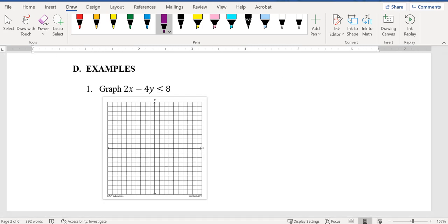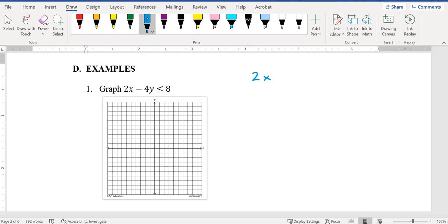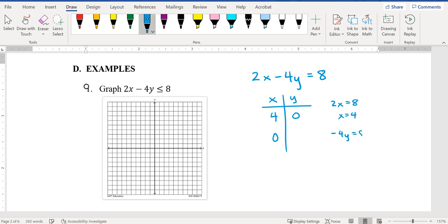We're going to do some examples. I want you to graph the inequality 2x minus 4y less than or equal to 8. So I'm going to do the equality 2x minus 4y equals 8, and I'm going to graph this by using the intercepts. If y is 0, I have the equation 2x equals 8, so x would be 4. If x is 0, I have the equation negative 4y equals 8, so y would be negative 2.